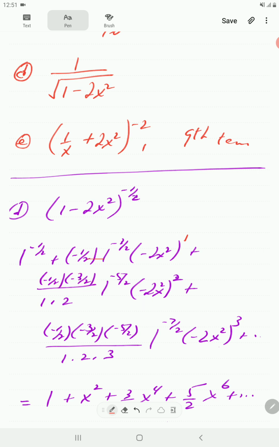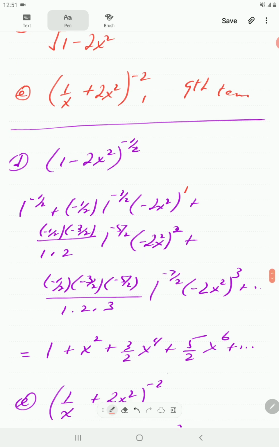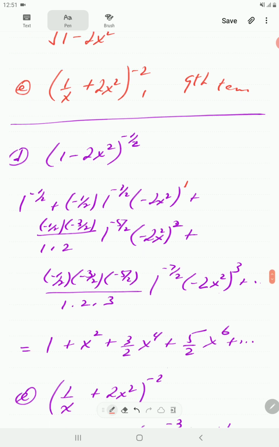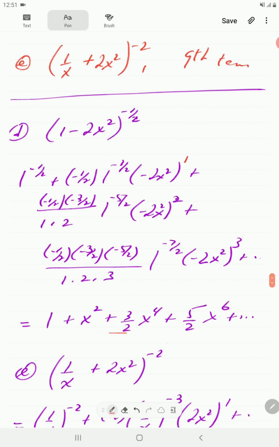We've got two terms here going from negative 1/2. Power of 2x squared is now 2. In the next term, the denominator is 3 factorial. We need 3 terms in the numerator. This power is now negative 7/2, and this one is 3. Upon simplifying, which just gives us 1 plus x squared plus 3/2 x to the power 4 plus 5/2 x to the power 6.